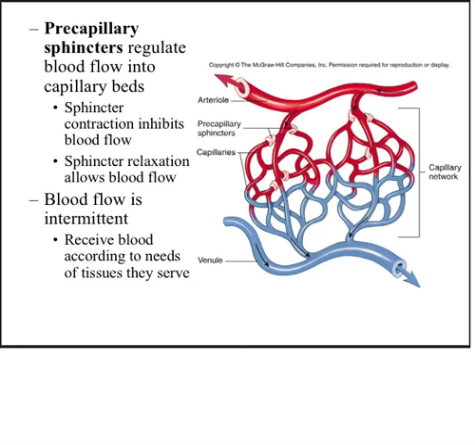The tissues are going to receive blood depending on things like the buildup of waste products, changes in pH. Those are all factors that tend to promote dilation of these sphincters. If waste products build up or if pH drops too much, we tend to open these precapillary sphincters up and promote blood flow into the tissues.